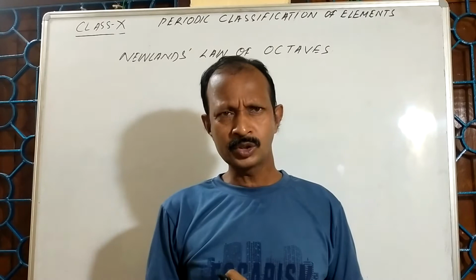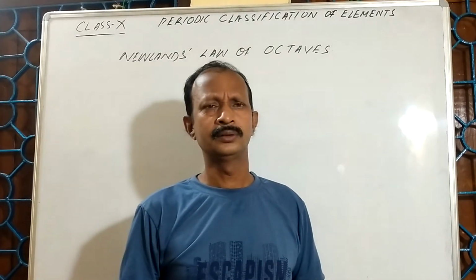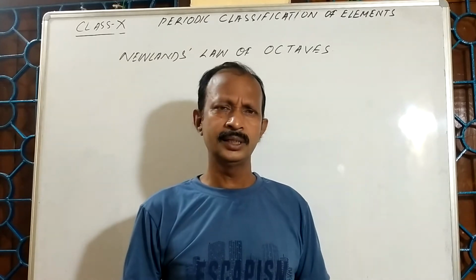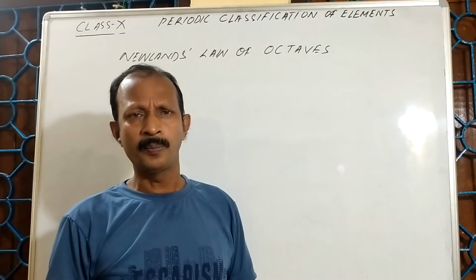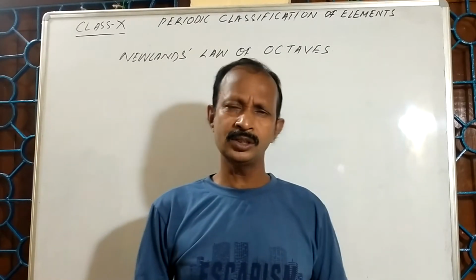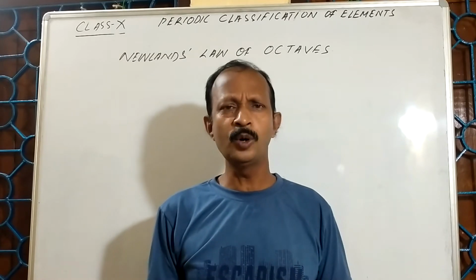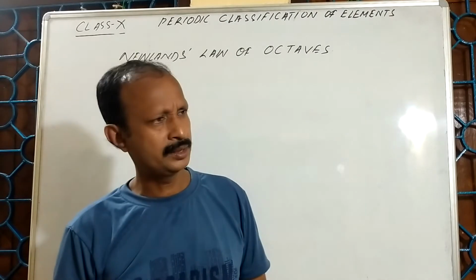The credit that goes to Dauvergne is that he was the first scientist who showed that there is a relationship between the properties of the elements and their atomic masses. Just a relationship is there. It was proved by Dauvergne. But this law failed after that.